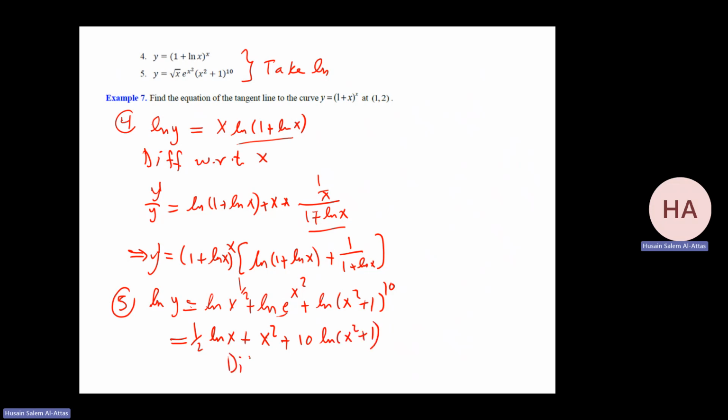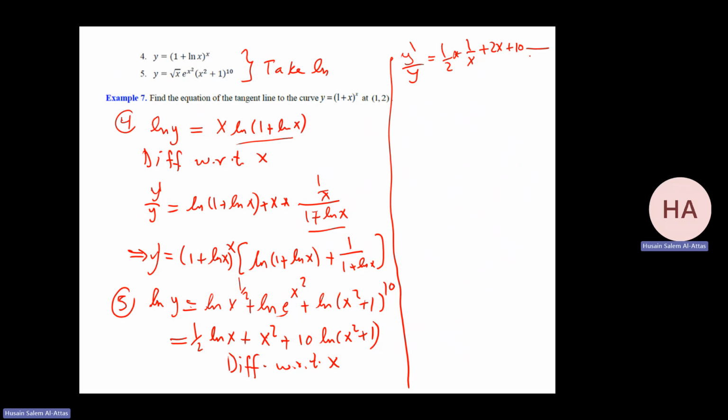Now differentiate with respect to x to get what? y prime over y equals half times 1 over x plus 2x plus 10 times the derivative of x squared plus 1, and this is 2x.